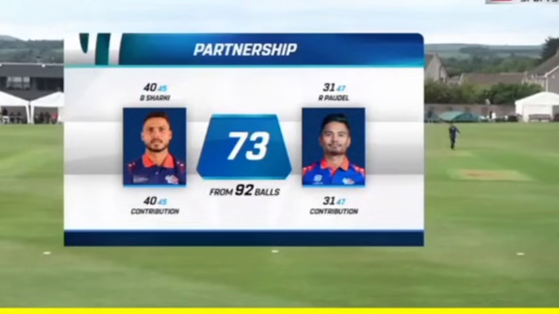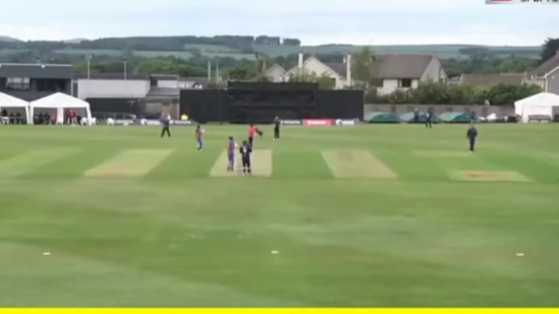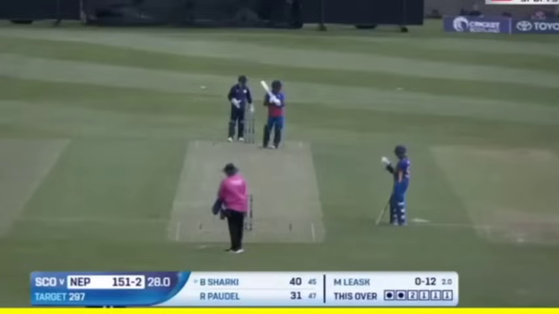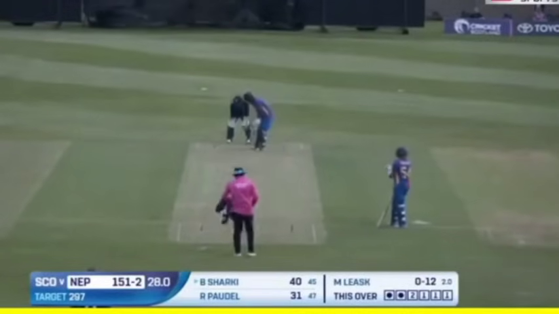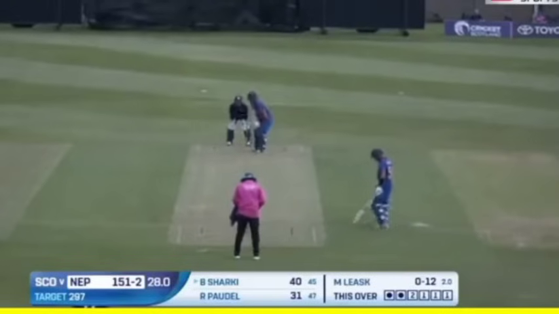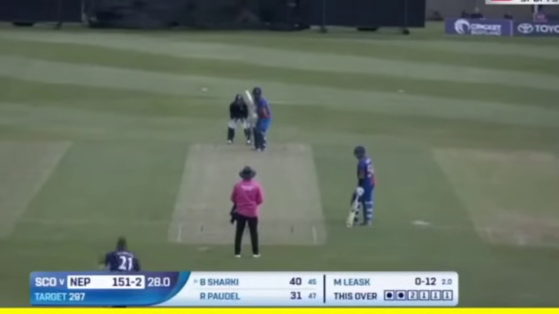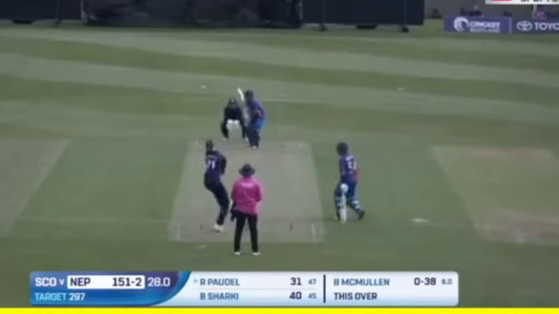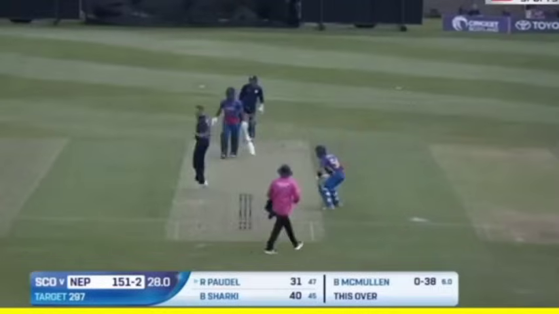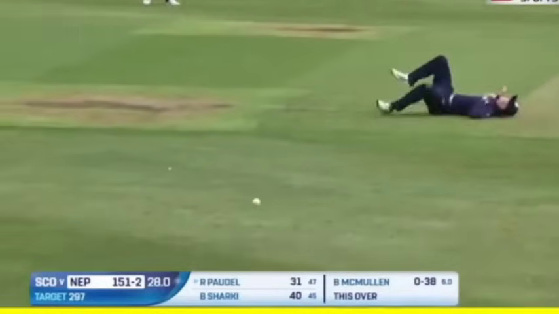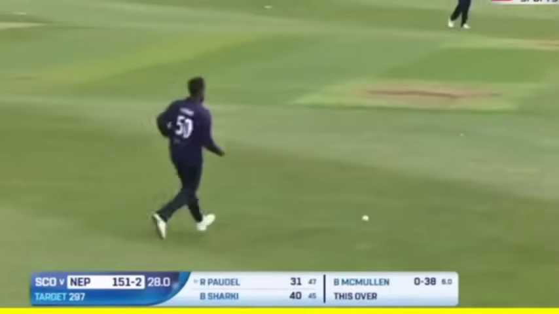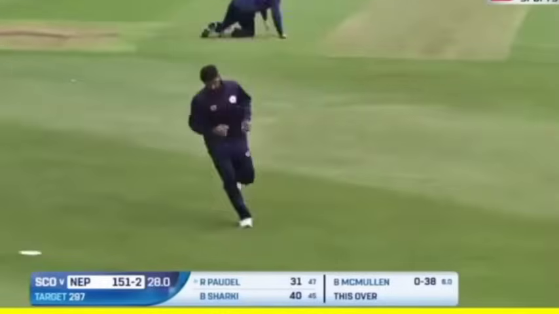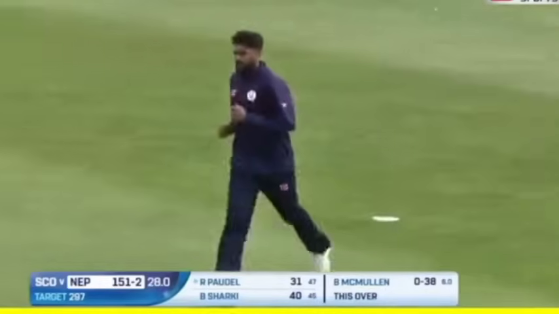Yeah, Mark Watt started with the squeeze, and then I was trying to find out who was going to go with him. But this is much better from Brandon McMullen coming back into the attack. Great diving effort from Finlay McCreath, who gets something on it to maybe save a run as Safyaan Sharif comes up from long off.